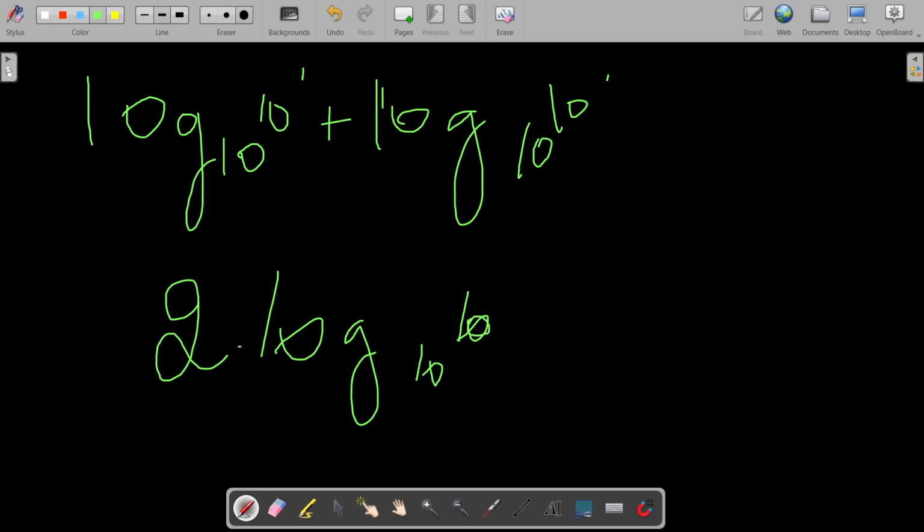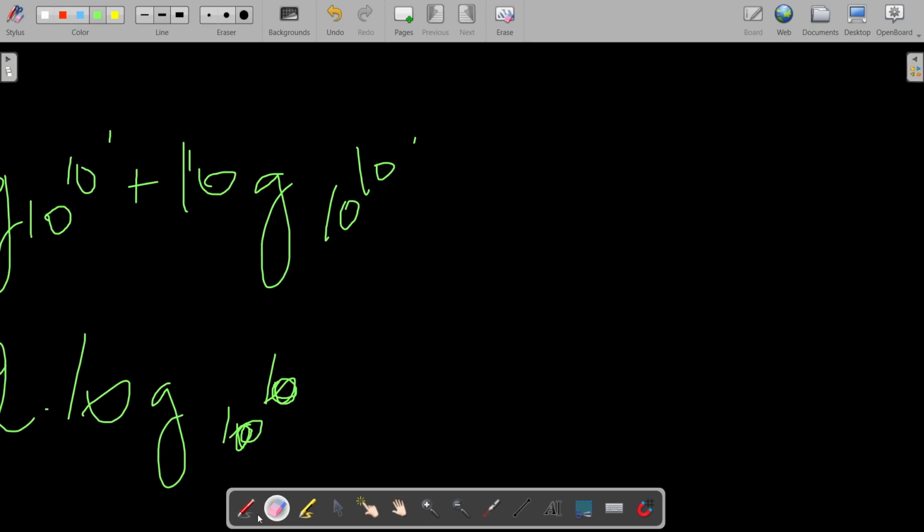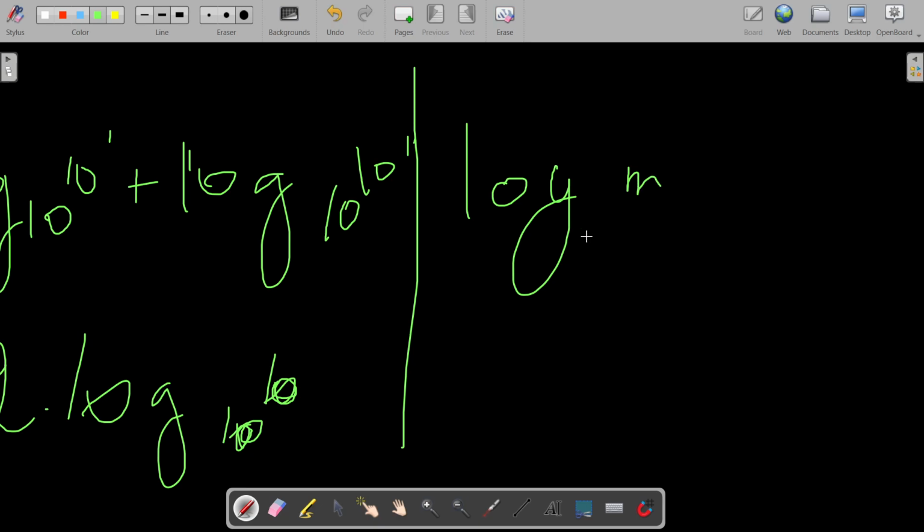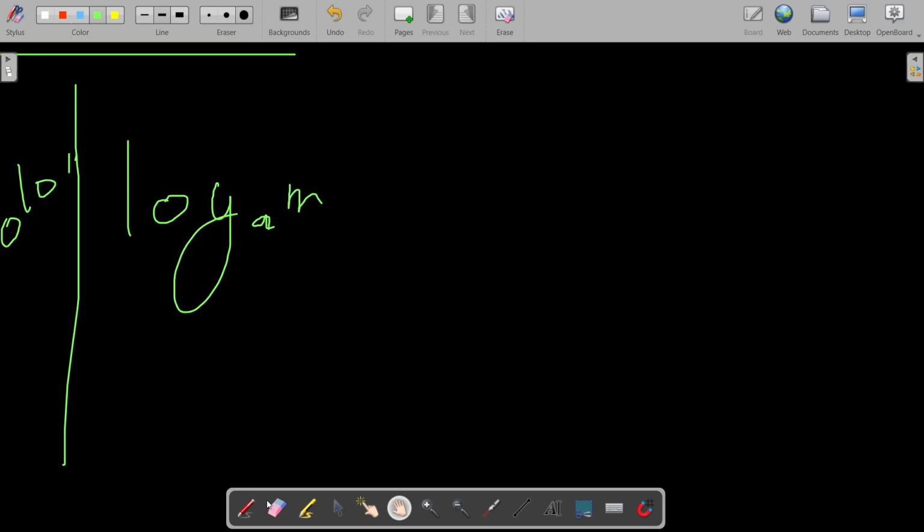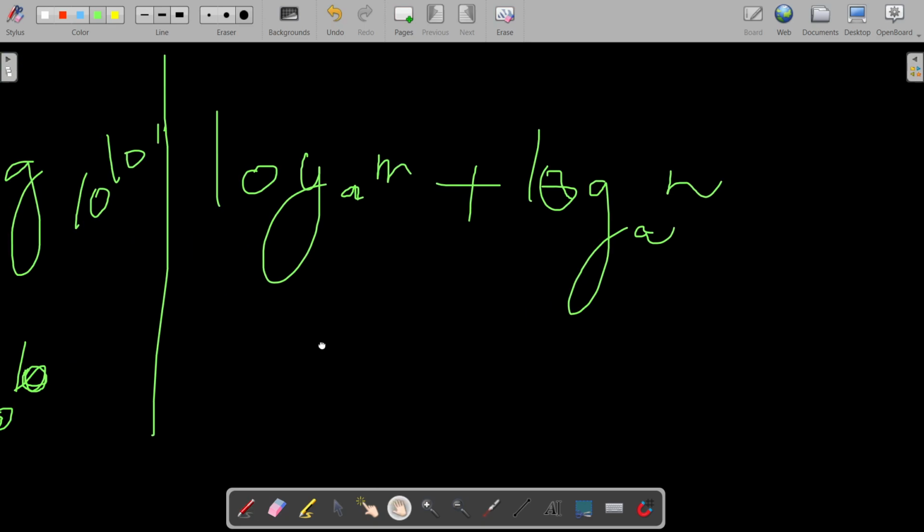I am first writing it like this, and I am writing a general thing also here. I am writing a general thing like log m base a, and I'm adding log n base a, for example. The bases should be the same. So what happened here?